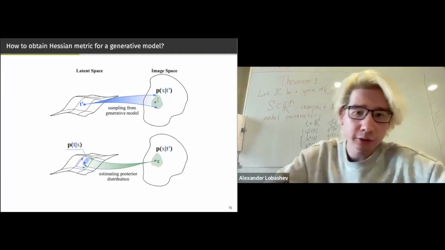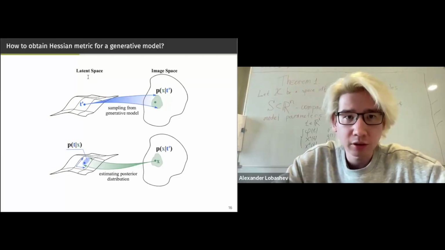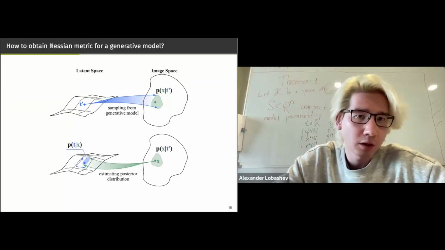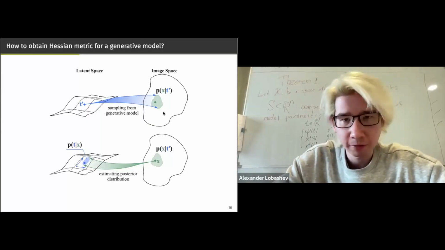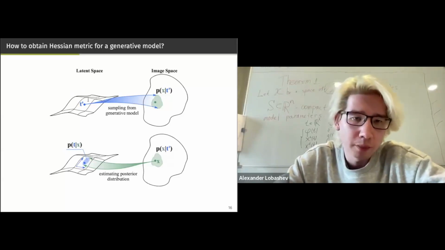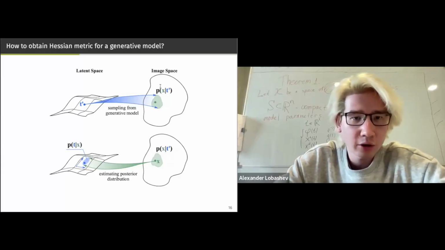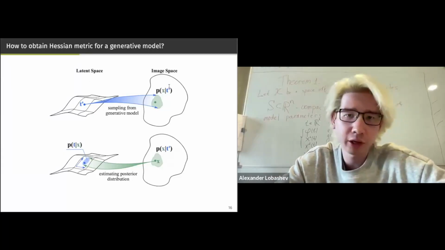Okay, and the next question is how to actually obtain this Hessian metric. What we have as input is a generative model, some region in latent space, and the ability to sample as many samples as we want.